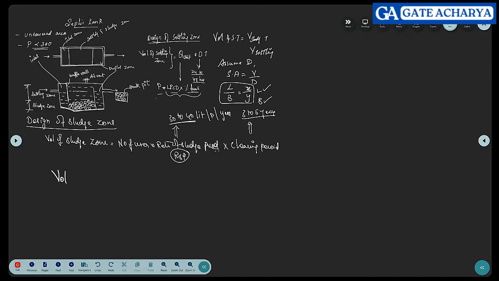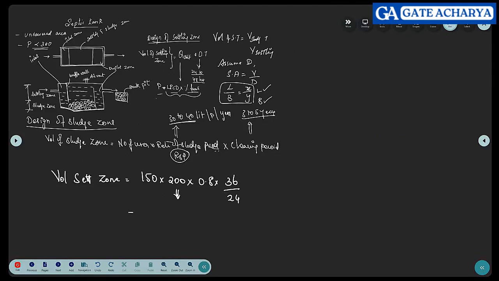Okay, volume of settling zone. Number of users 150. What is the water supply? 200 liters per person per day. What is the conversion rate? 80%. What is the unit of this 200 liters per day? This is per day, so you have to convert. Divided by 24.